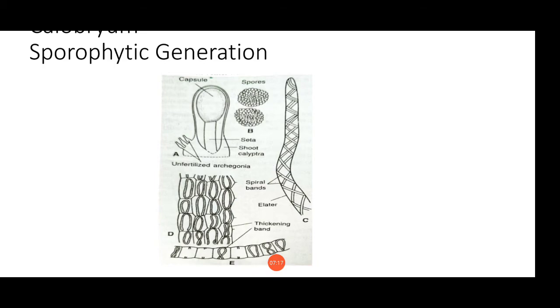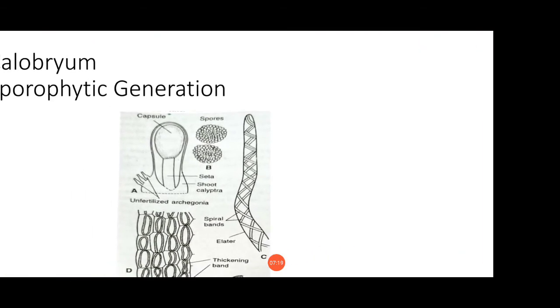The spores are 18 to 30 mu and elaters are 6 to 10 mu in diameter, Figure B and C. The spore to elater ratio is 3:1. There is no elaterophore. Elaters are long, very slender and gradually taper towards the tip.